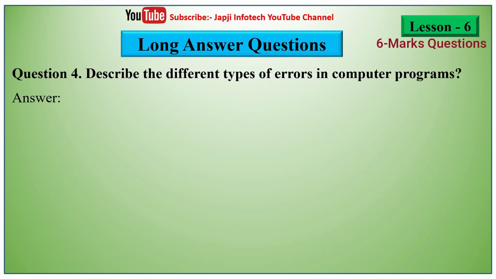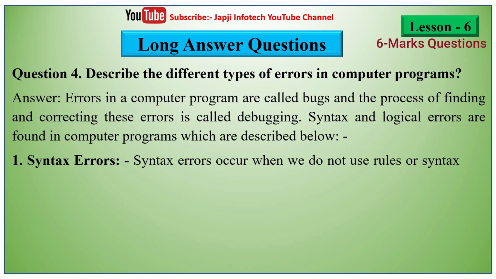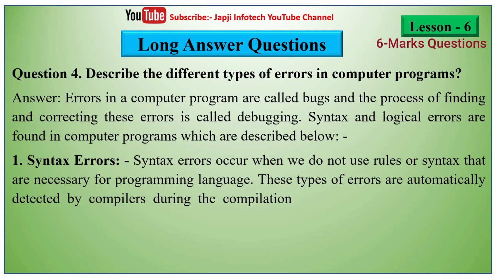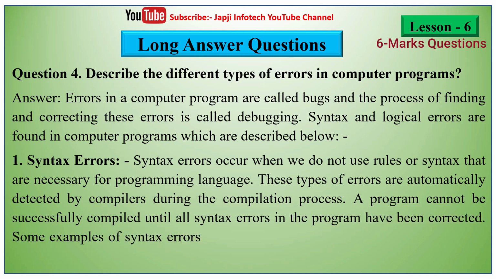And the next question is, describe the different types of errors in computer program. So errors in a computer program are called bugs, and the process of finding and correcting these errors is called debugging. Syntax and logical errors are found in computer programs, which are described below. So the first kind of computer error are syntax errors. Syntax errors occur when we do not use rules or syntax that are necessary for the programming language.